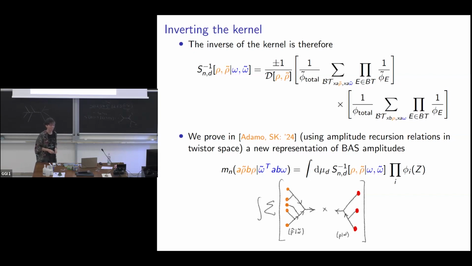The only bi-adjoint scalar amplitudes that we can describe at degree D from this formula are those where the two sides, the originally positive helicity particles and the originally negative helicity particles, are always disconnected. Well, they're always just connected by a single propagator. So this is imposed by the form of the color ordering we have.